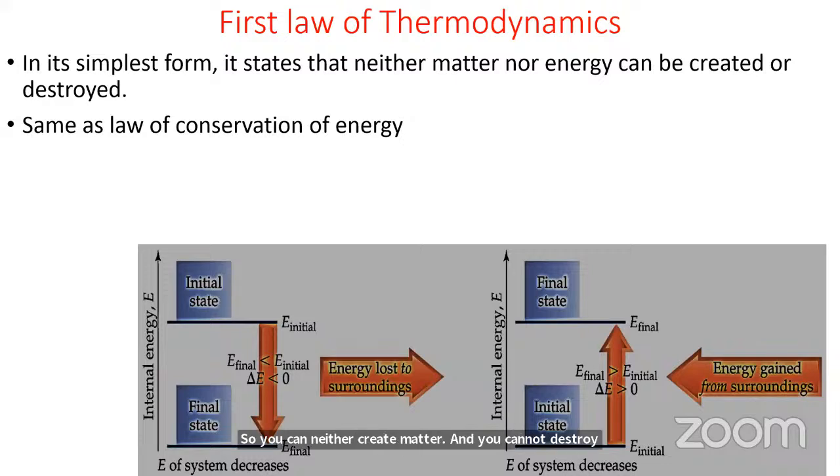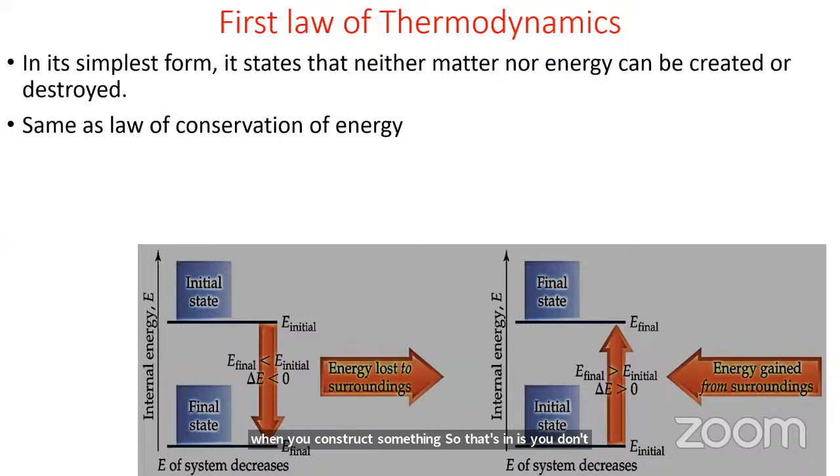You can only change it from one form to another. So the first law of thermodynamics is also known as the law of conservation of energy. From the words conservation of energy, what it means is that energy can neither be created nor destroyed, because it's conserved. When you conserve something, you can't spoil it.